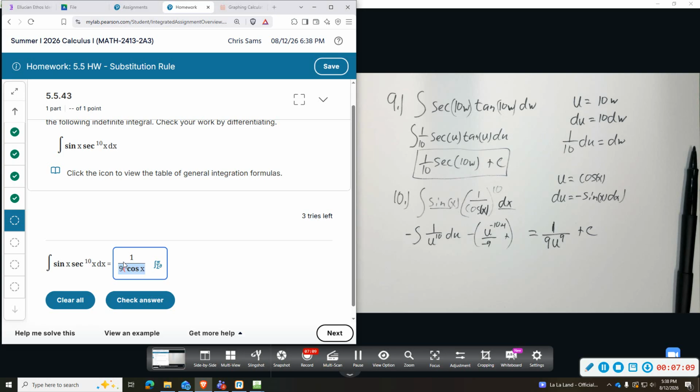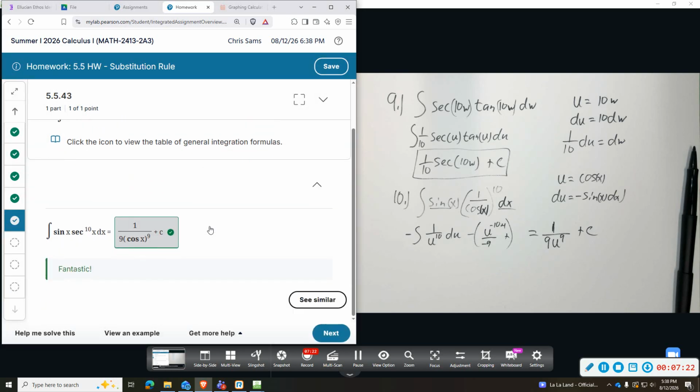Let's just see. They'll take it in that form as well. So you can write it like that, or you can write it as secant, and it will take it.